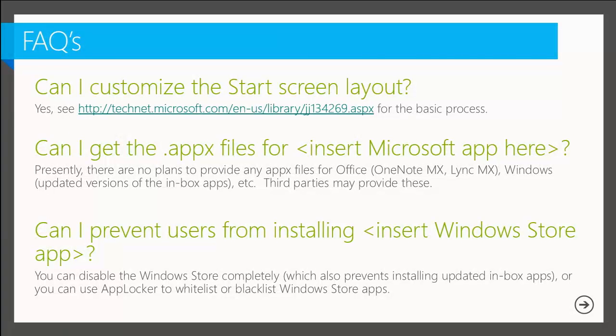There's no way you could possibly build up an appropriate whitelist or blacklist unless you're going to very tightly control the apps that can be installed to just a small handful. So AppLocker is not a good solution to that. Your only option may be to just turn off the store altogether if you have issues with some of the apps that are going to be installed.